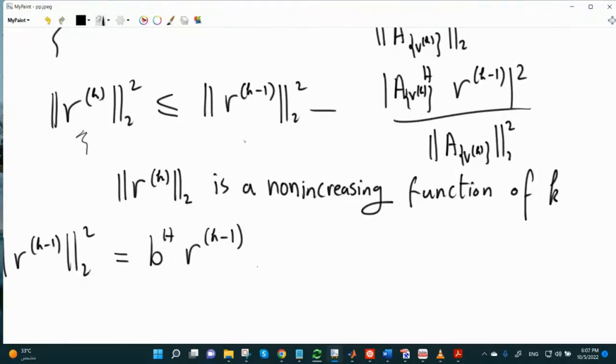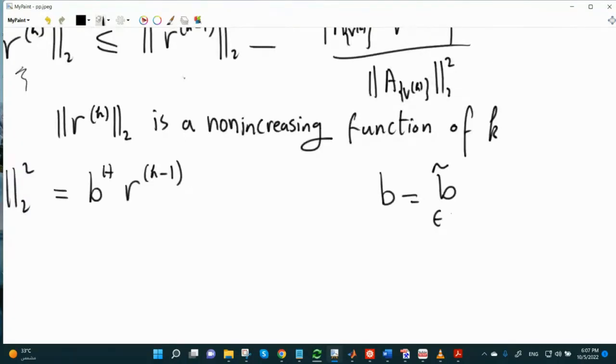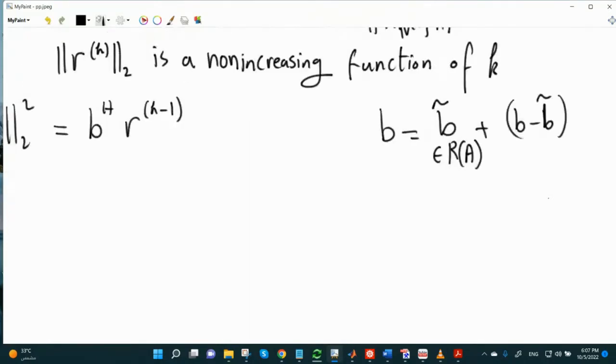Now let's do the general case. There is a case in which you can say B in fact is living in the column space of A, but let's assume that B is a vector B tilde in the range of A plus B minus B tilde, and this is not in the range of A. Now what is B tilde? B tilde is A beta, A times vector beta.